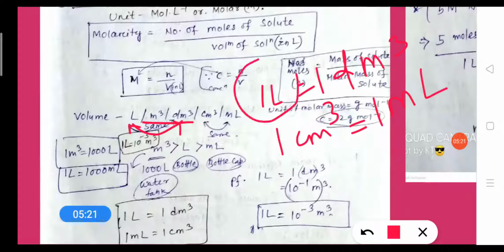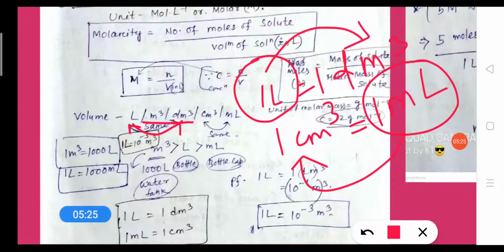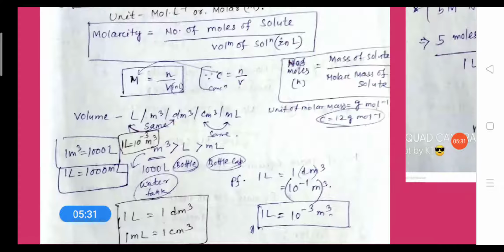Okay, 1 liter is equivalent to 1 decimeter cube, and 1 ml is equivalent to 1 centimeter cube. Then next, what is the basic difference between all these units? Meter cube is the largest among all, then liter, then ml.